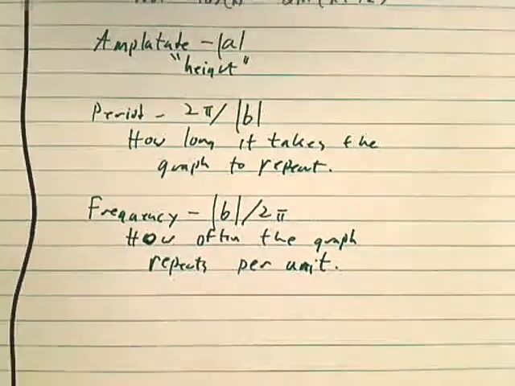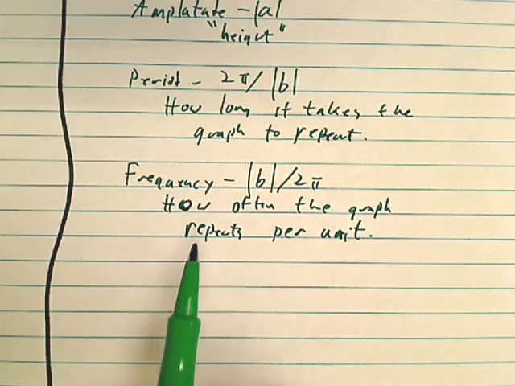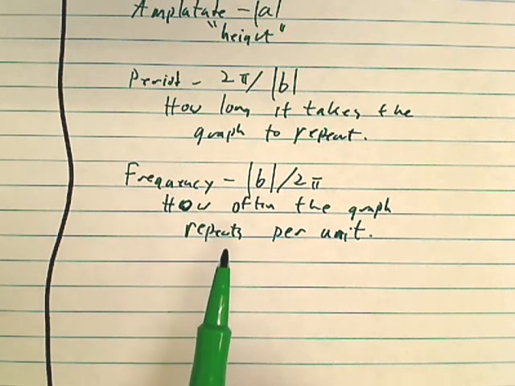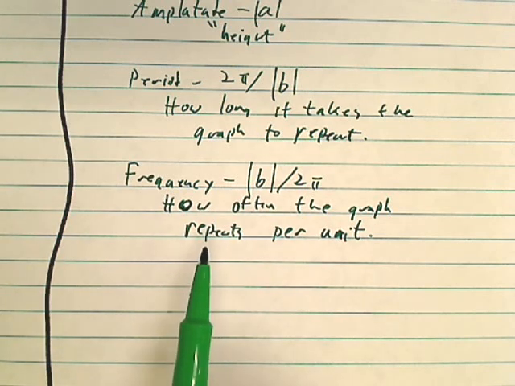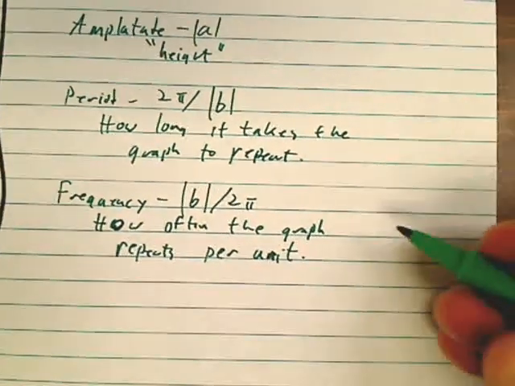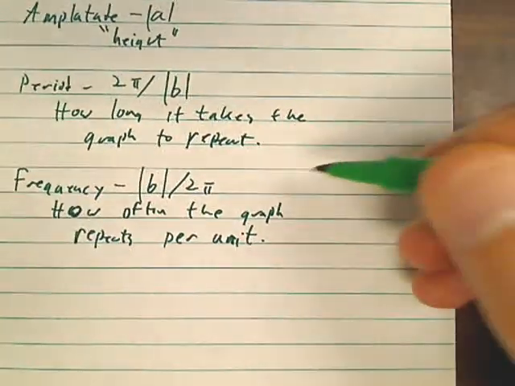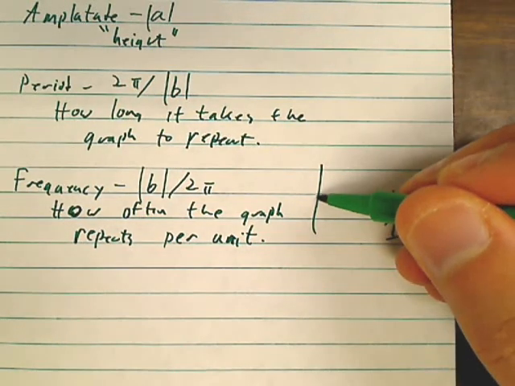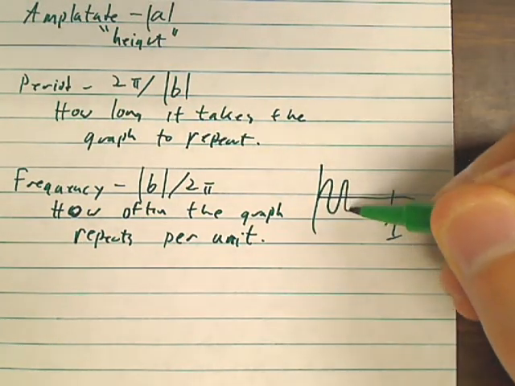Let me speak about frequency in a different way. Frequency is how we measure computer processors in hertz, megahertz and gigahertz. That's how many times the cycle can add or subtract something per second. Let me do another example. Let's say there's 1, and my graph is moving very quickly.